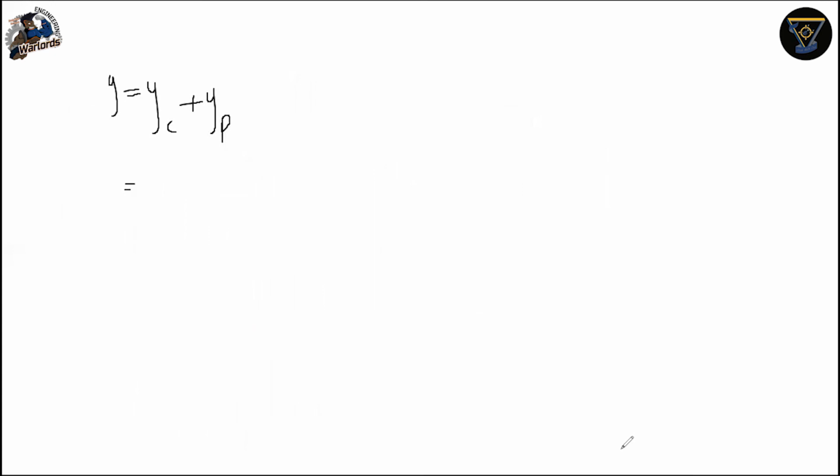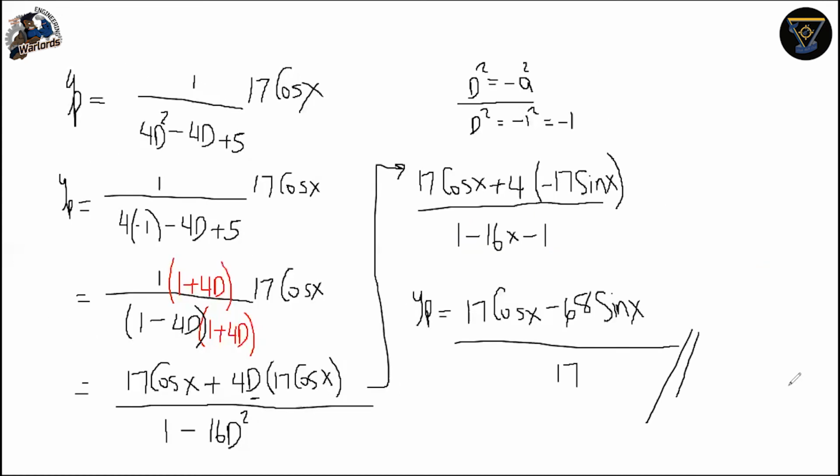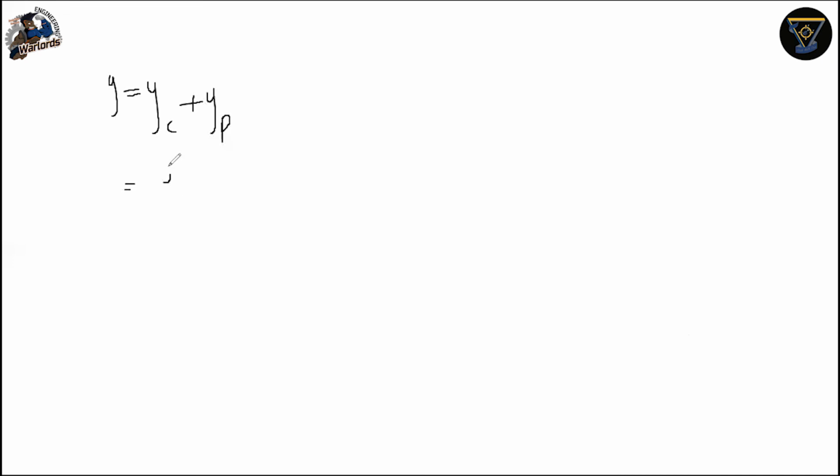So our yc that we had earlier was this, e to the half x, c1 cos x plus c2 sin x. And then you're going to add it with yp.